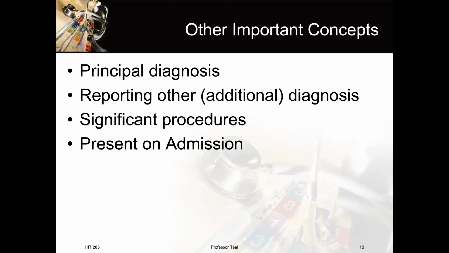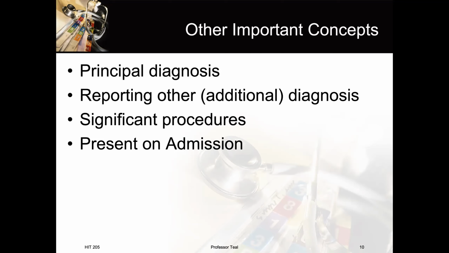Now, for additional diagnoses, so what else can you code during that hospital admission? The additional diagnoses are defined as all conditions that coexist at the time of admission, that develop subsequently, or that affect the treatment received and/or length of stay.